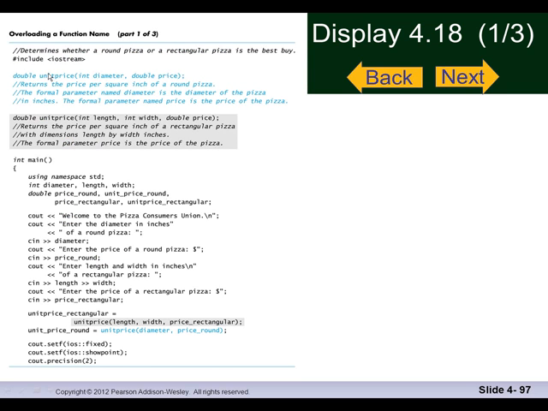So the unit price and the unit price, same name. They're both returning double. This one has 2 parameters. This one has 3 parameters. So depending on how I call it, if I call it with the 2 things, it's going to pick up the one with the 2. If I call it with 3, it's going to pick up the 3 one.